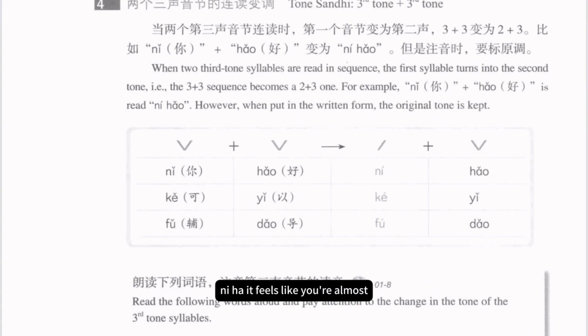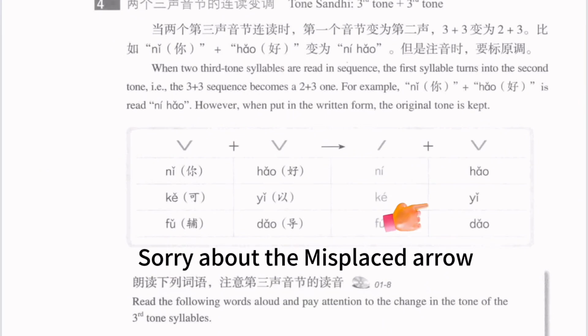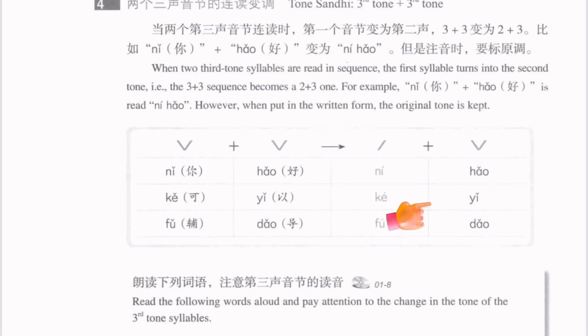It feels like you're almost straining from the very point go. So to remove this, if two third tones combine, the first part becomes a second tone, and the second third tone is left the way it is. Pronounce it with me. 你好,你好,你好.